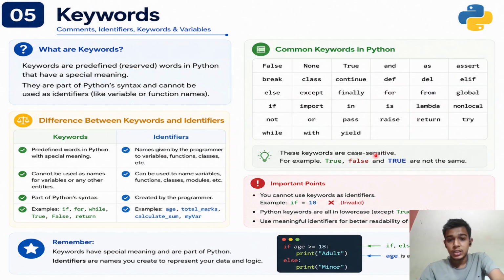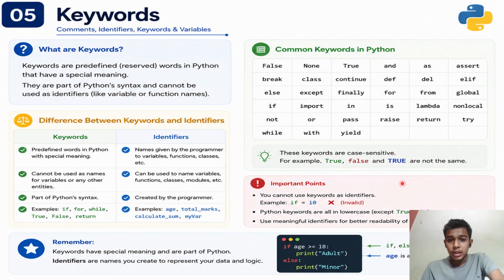Python is also case sensitive. For example, True is correct, but if you write TRUE, or lowercase true, it is not correct. These are treated differently. It is a case sensitive language.